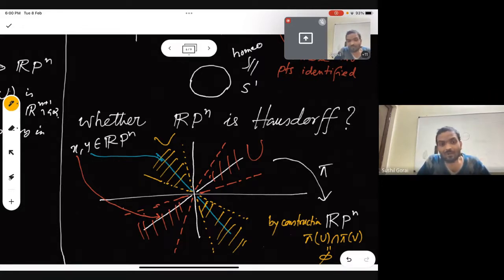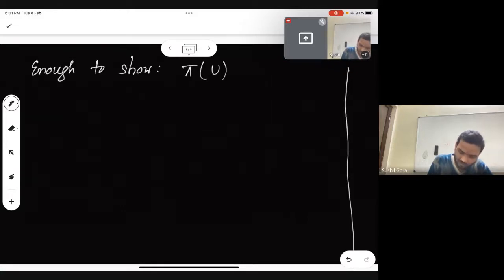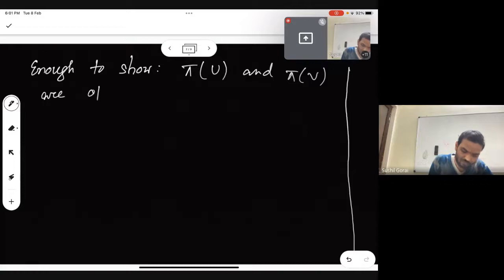The problem is whether pi U and pi V are open sets. So it is enough to show pi U and pi V are open sets. All right.